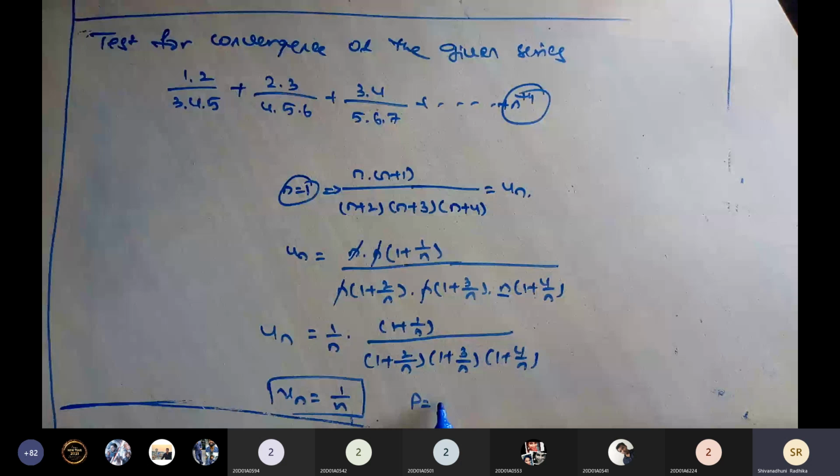Then which is convergent or divergent? P greater than 1 convergent, p less than or equal to 1 divergent. P equals 1 is divergent.